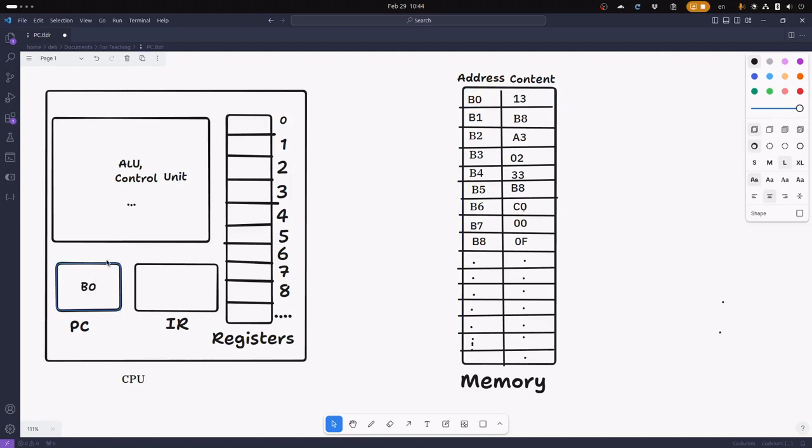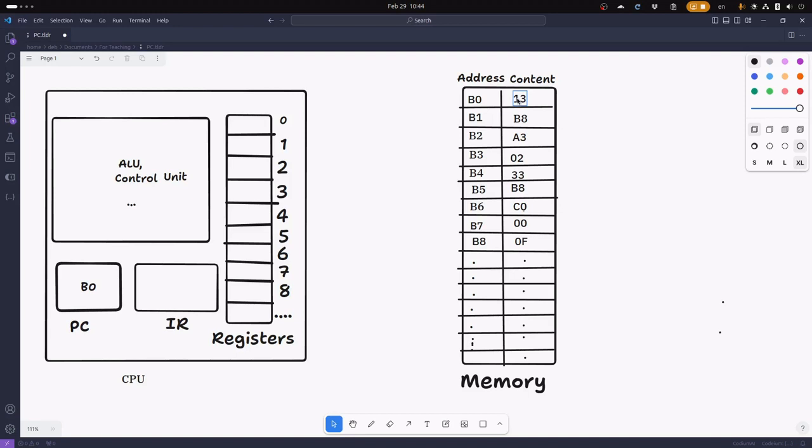Then the processor goes to memory address B0 and takes the first two values, the value of B0 and the value of B1.